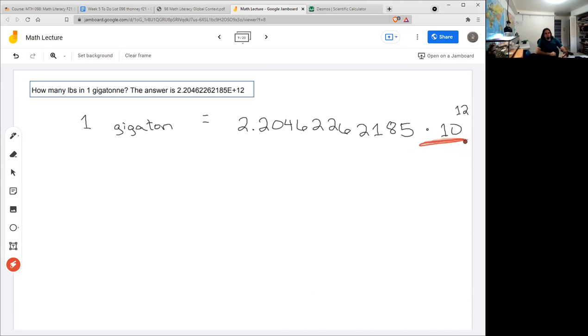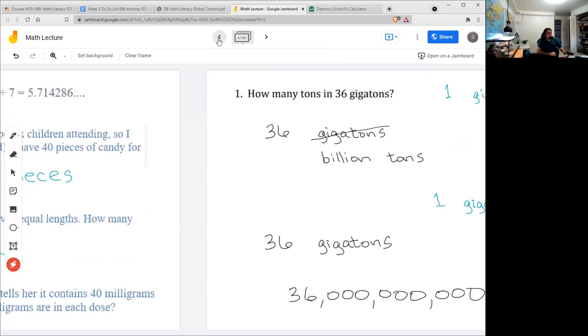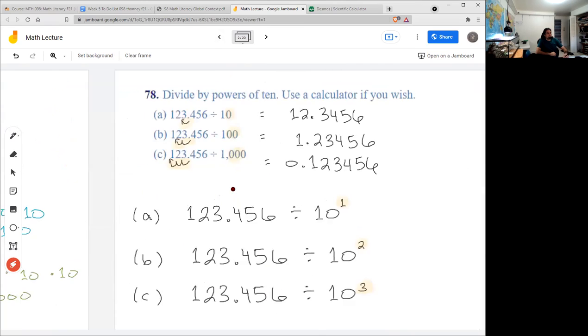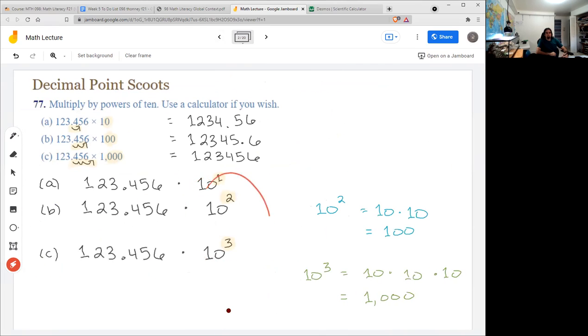This looks like the kind of math we did at the beginning of class, multiplying by powers of 10 and dividing by powers of 10. It's the same thing. It's just scoot the decimal point to the right as many times as the power of 10. The mathematicians thought this was great.